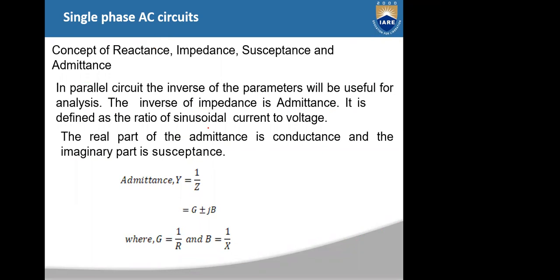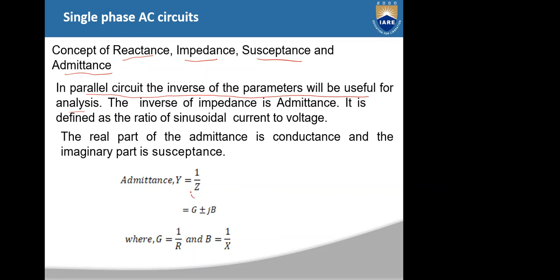So what is the admittance now? The concept of reactance we discussed, impedance we discussed, and we will discuss the susceptance and admittance now. Actually, in parallel circuits, the inverse of the parameters will be useful.